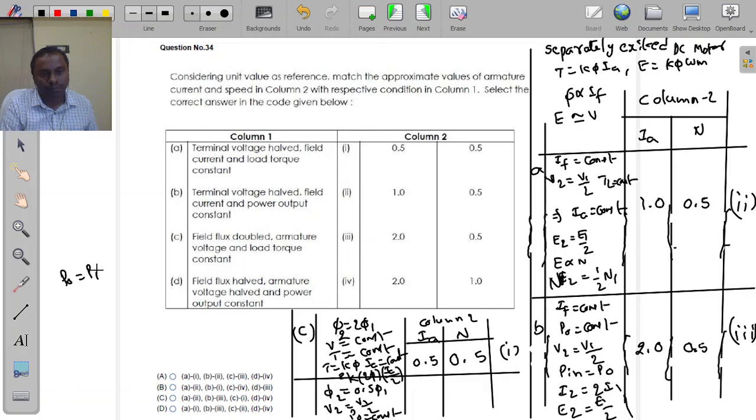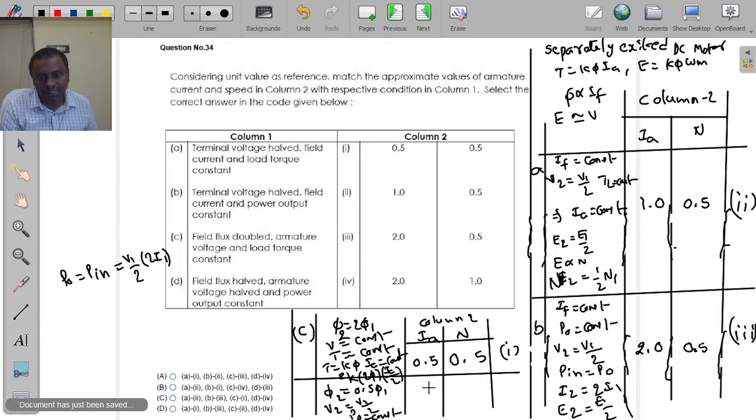P out equals P in, that is V1 by 2 times the current, so the current has to become 2 times I1. That means current has become twice, 2.0. Now what about the speed?